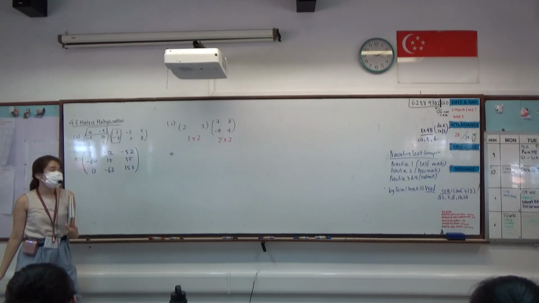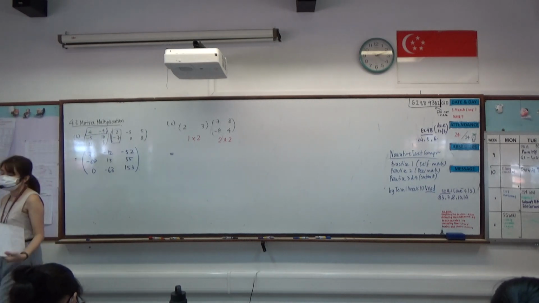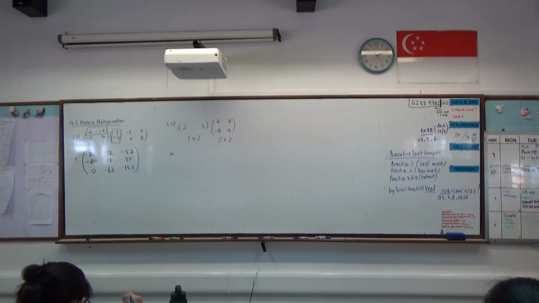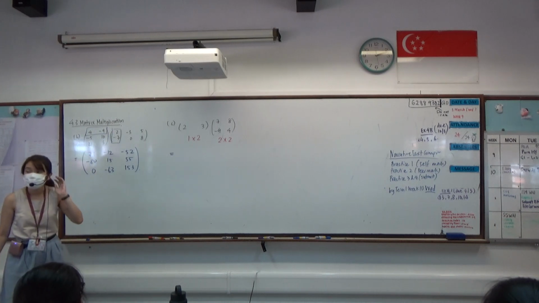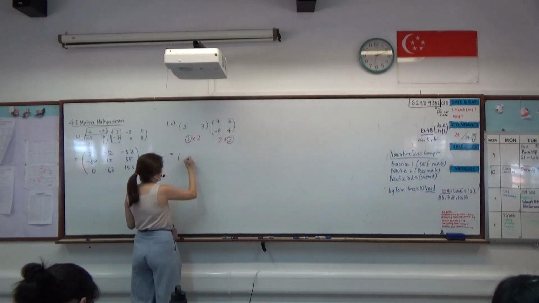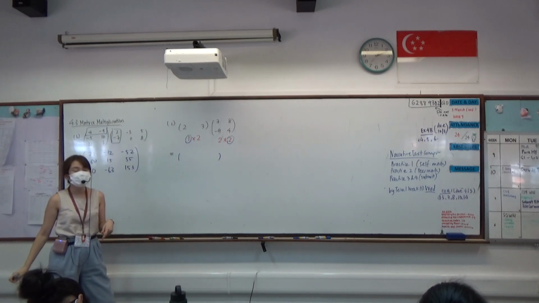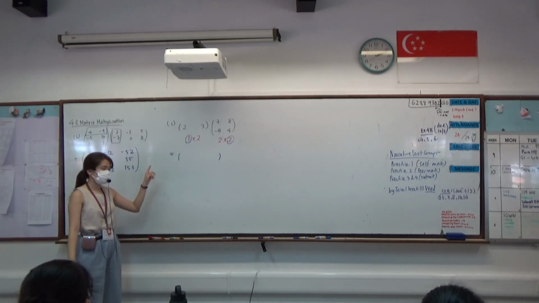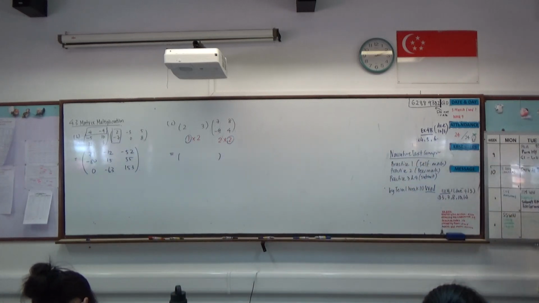So in this case, with a 1 by 2 and a 2 by 2, what's the order of my final matrix going to be? 1 by 2. Okay, so 1 by 2 matrix, 1 row, 2 columns. So could you give it a try? Tell me what is the answer. I'll give you 2 minutes.